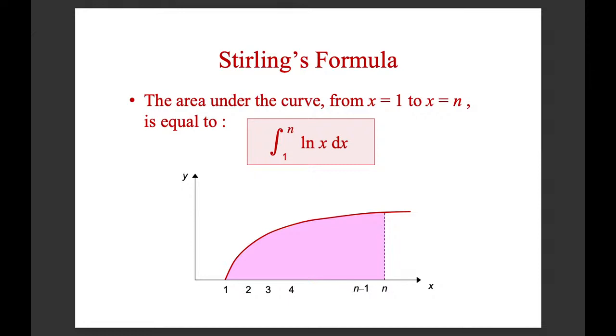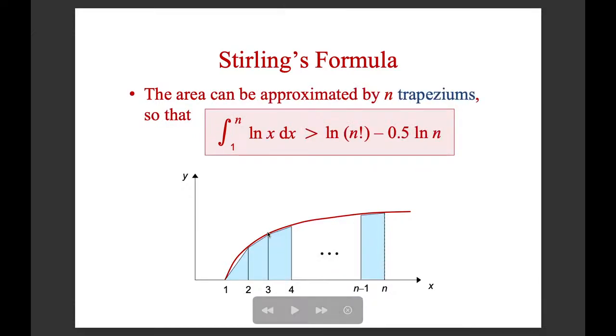So first of all, the area under this curve is something like this, and then we can have an estimation of this by using this trapezium. So it is the standard Riemann sum that we learn when we start learning integration.